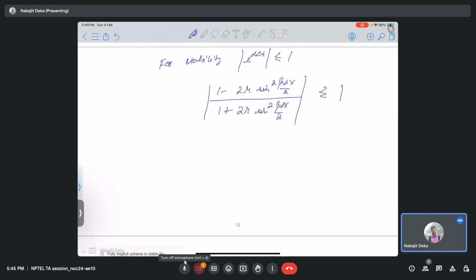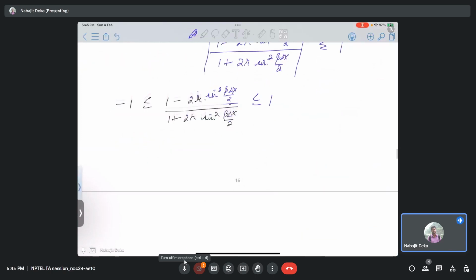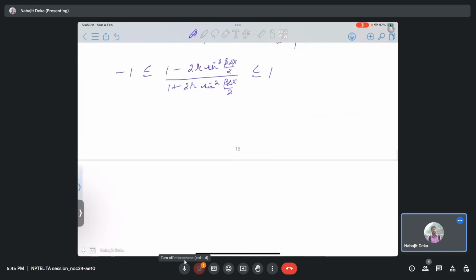So now if we take the inequalities, if we break the modulus, let's take the inequalities that we have.